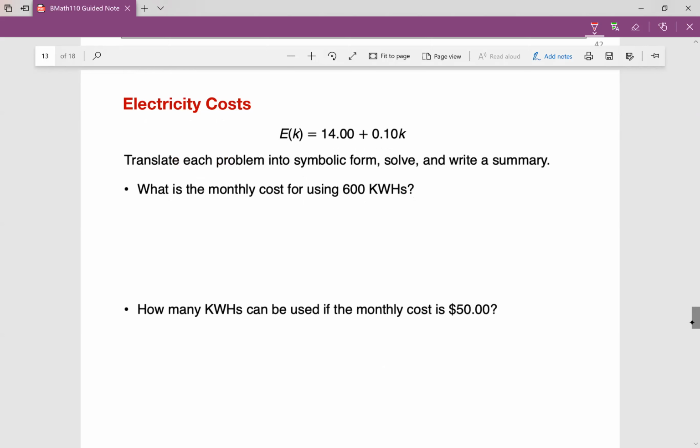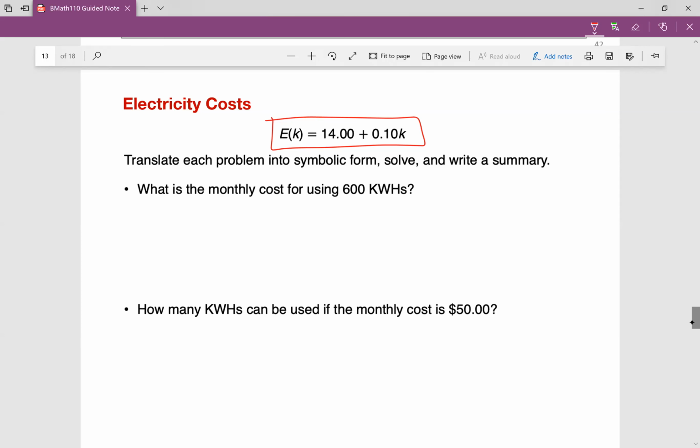Electricity cost. They're giving us the equation again, and they want us to translate each problem into symbolic form, solve, and write the summary. So what is the monthly cost for using 600 kilowatts?